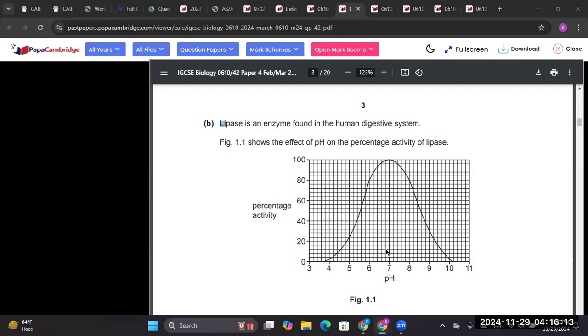Then because the pH will be too high, the graph will show it coming down till 10, and the enzyme will denature. The shape of the active site will change and it will not be complementary to the substrate.